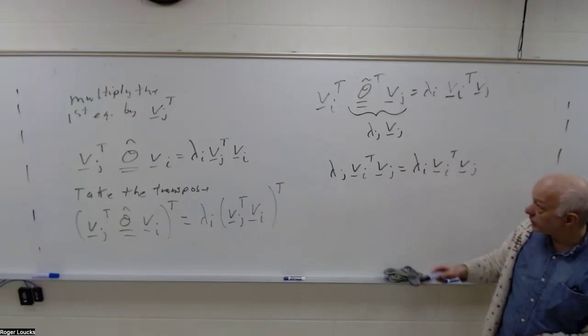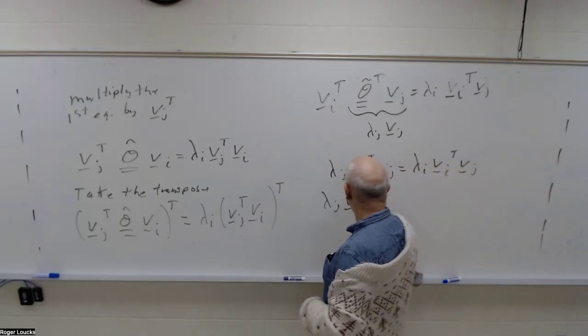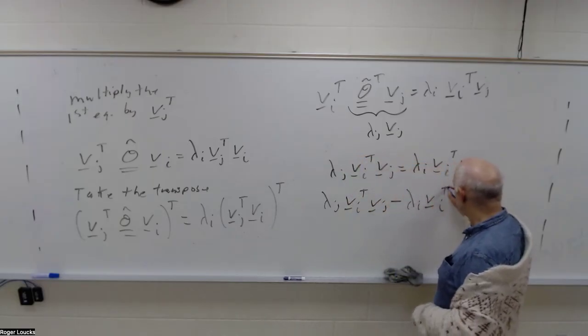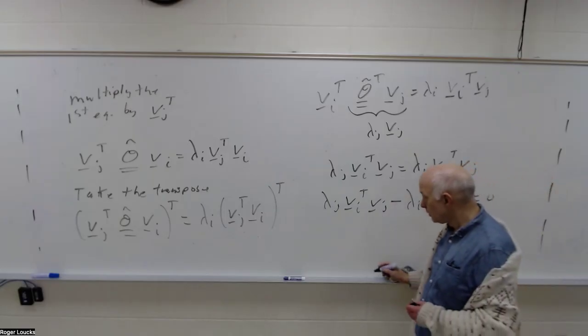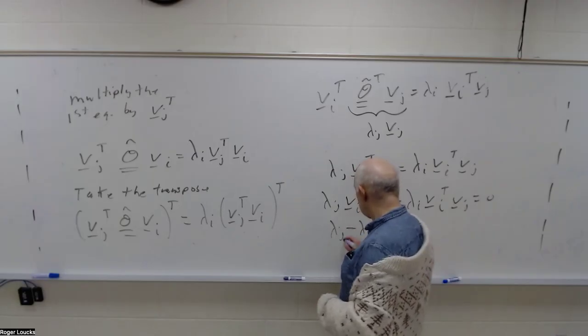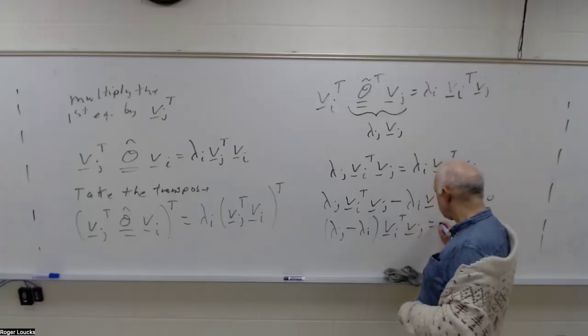So I'm going to take this over to the other side. Now I can factor this. I can write this as lambda J minus lambda I times V bar I transpose V bar J equals 0.